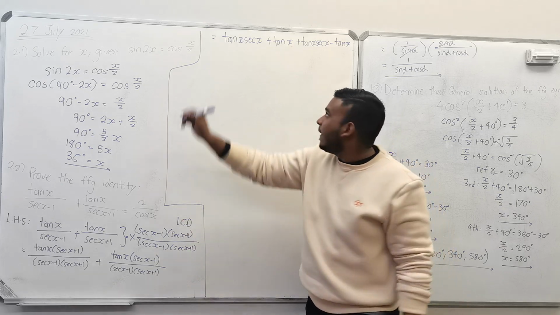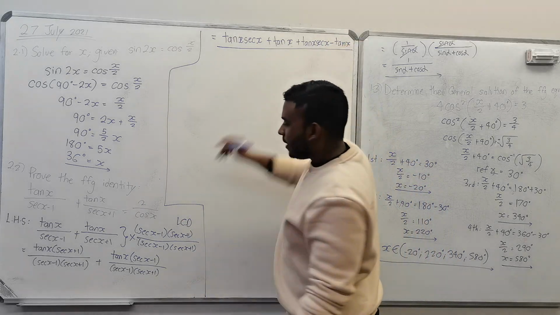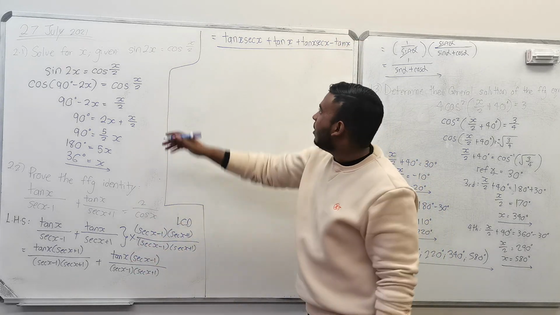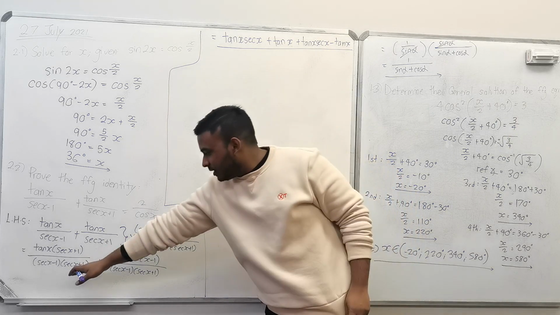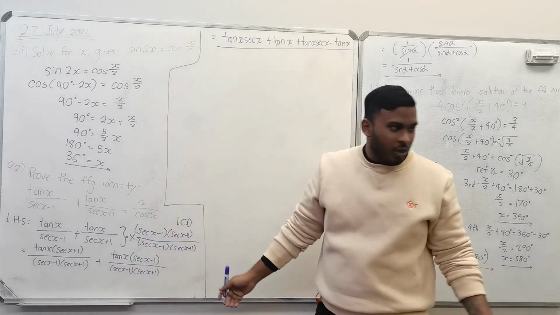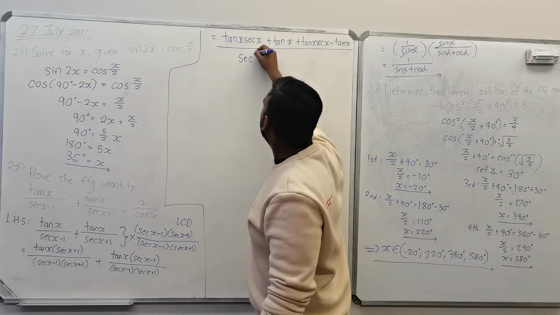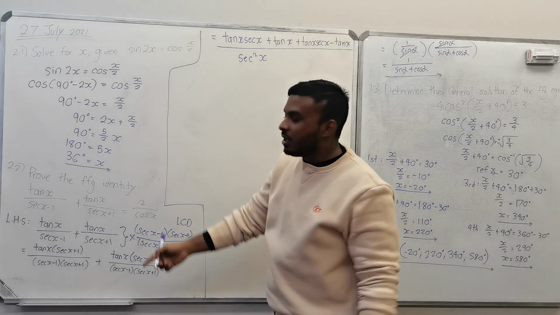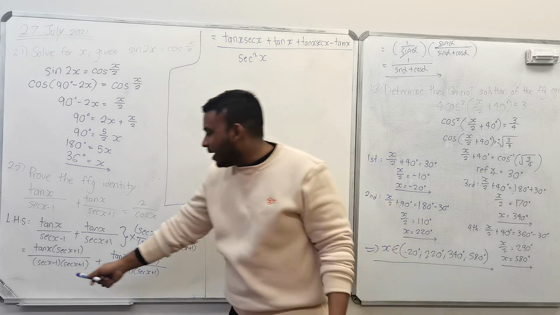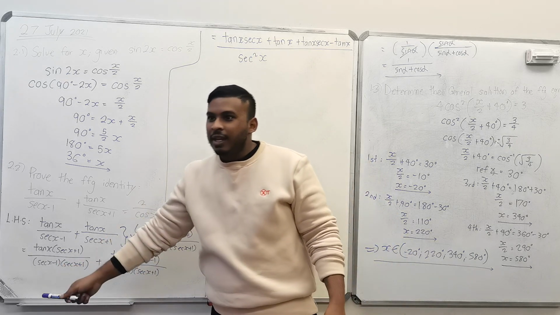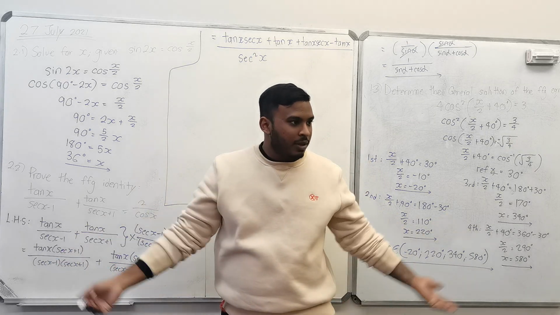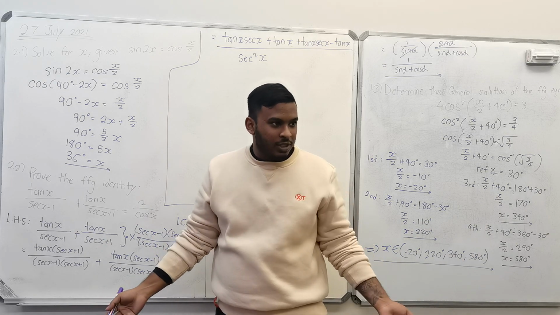Understand? Okay? All over, if you multiply at the bottom, remember all of this here is going to be over that same thing, because it's the same denominator. So sec x times sec x is sec squared x. And then that middle term will cancel, right? Because you're going to end up with positive sec x and minus sec x, which will become 0. They're going to cancel with each other, right?